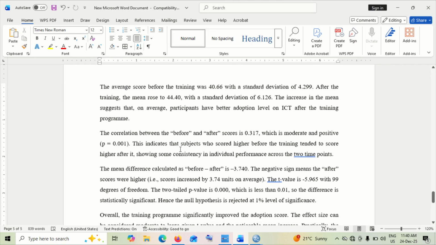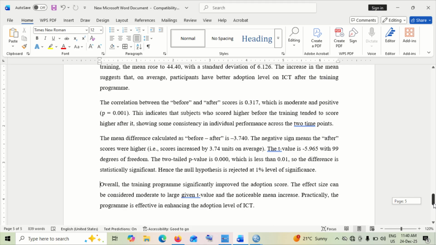The second part is the interpretation of correlation. The correlation between before and after score is 0.317, which is moderate and positive with a p-value of 0.001. This indicates that subjects who scored higher before the training tend to score higher after it, showing some consistency in individual performance across two time points.